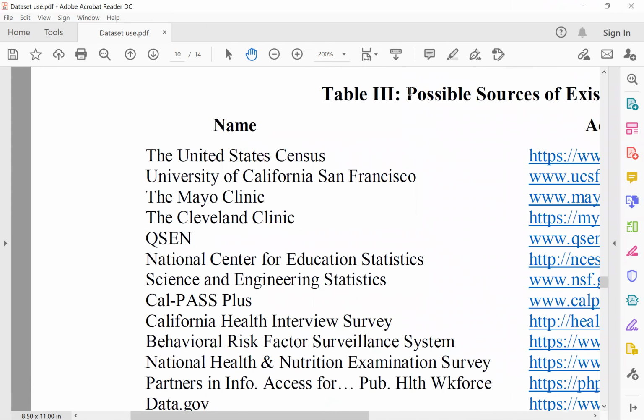Here are possible sources of existing datasets.